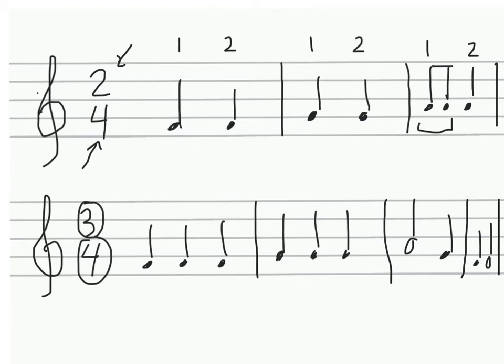I ran out of room there, but you could see 1, 2, 3, 1, 2, 3, 1, 2, 3. Notice that the half note is twice as long as a quarter note, so that over here it gets beat 1 and it gets beat 2, and beat 3 doesn't come in until there. This gets beat 1, and then beats 2 and 3 are what we get there.